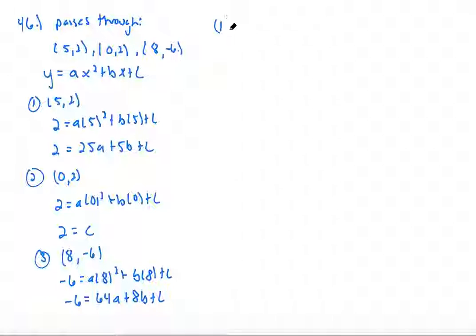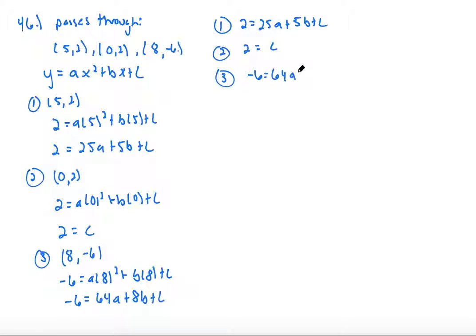All right, writing these three equations together. So equation 1, we have 2 equals 25a plus 5b plus c. We have 2 equals c for equation 2. And then for equation 3, we have negative 6 equals 64a plus 8b plus c. Now, I'm going to show you the old school method of solving this.